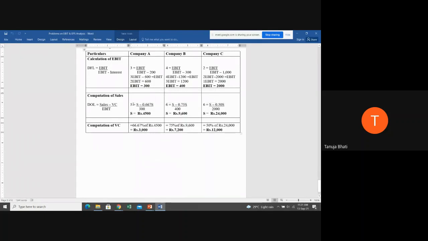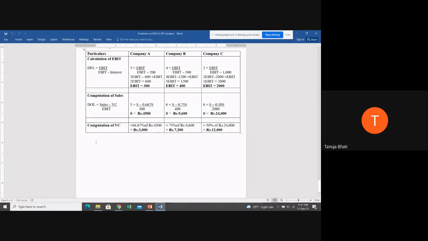Now when you solve this, you take 300 into 5, you will get 1500. Then this is 1 S, because if nothing is given, it means it is 1 S. So 1 S minus 0.667 is 0.333. When you divide 1500 by 0.333, you will get 4500. So this is your sales.